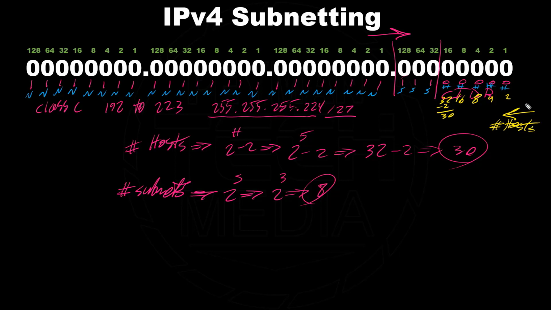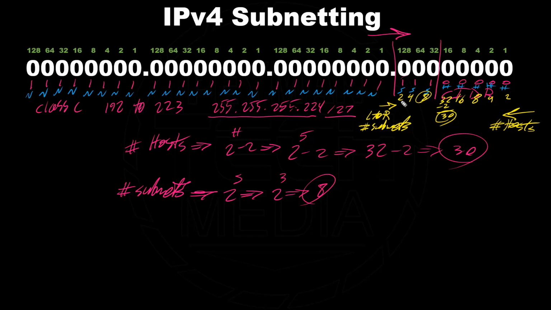If you don't want to go by the formula, for the number of subnets, for those subnet bits we borrowed from the host bits, going from left to right, starting with 2, 4, 8. That's also another way to find the number of subnets, 8, and number of hosts, 30, as we can see.